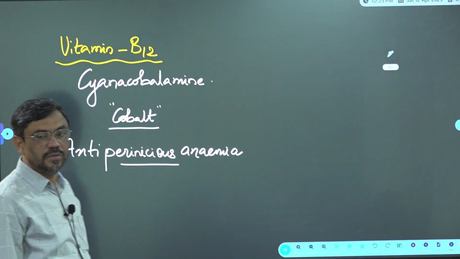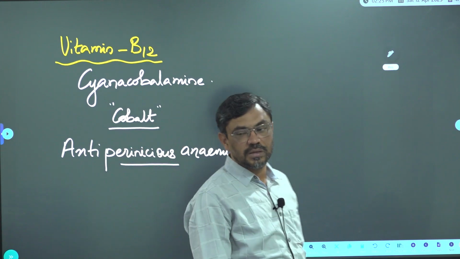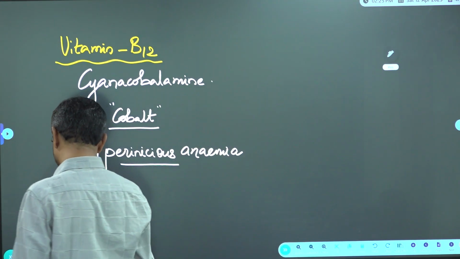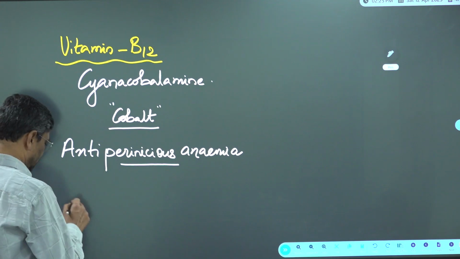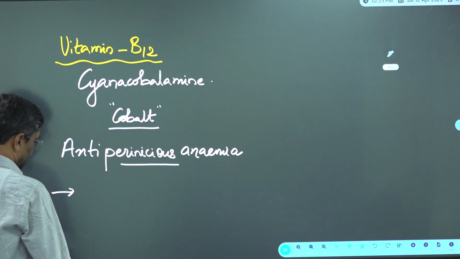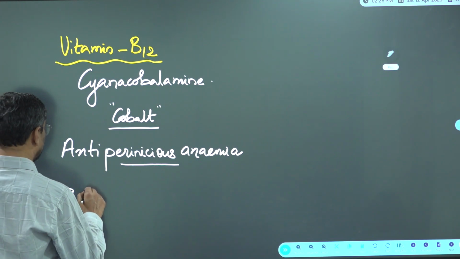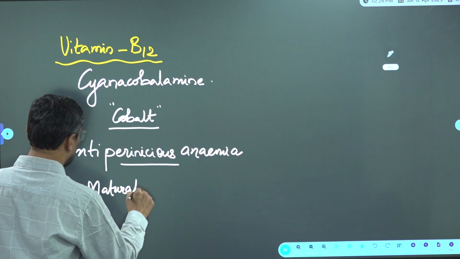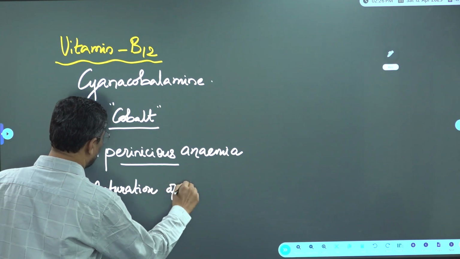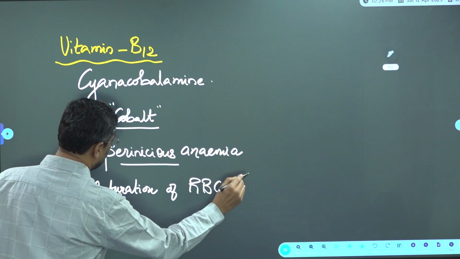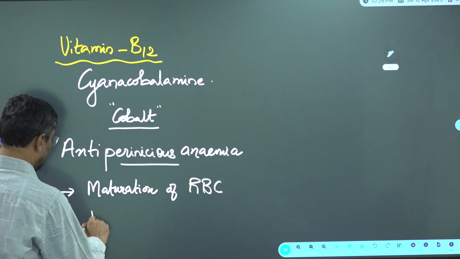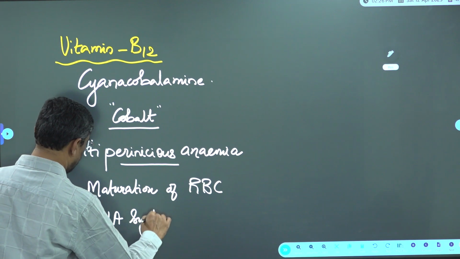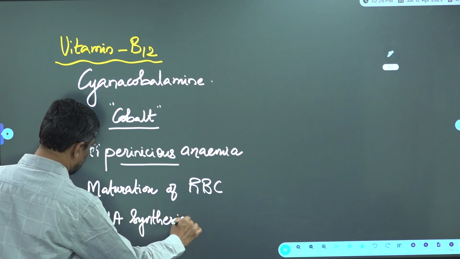It protects our body from pernicious anemia. That means it protects our body from destruction of RBC. Then it is required for maturation of RBC and is required for DNA synthesis.